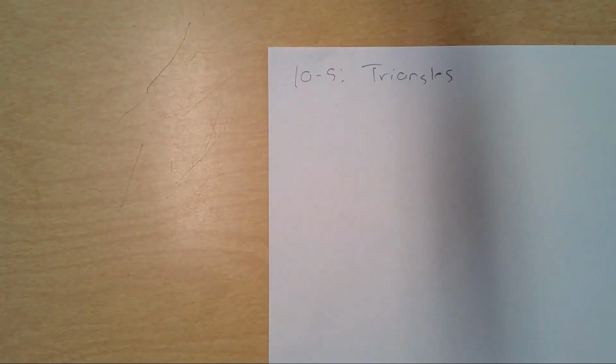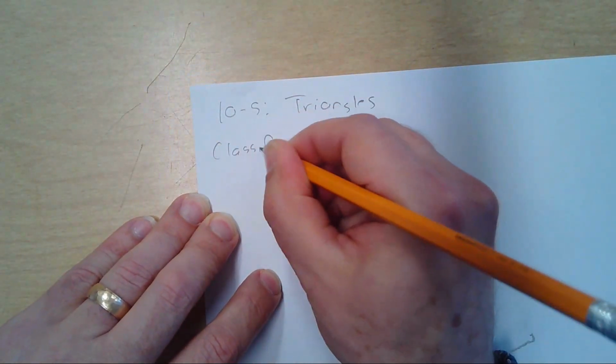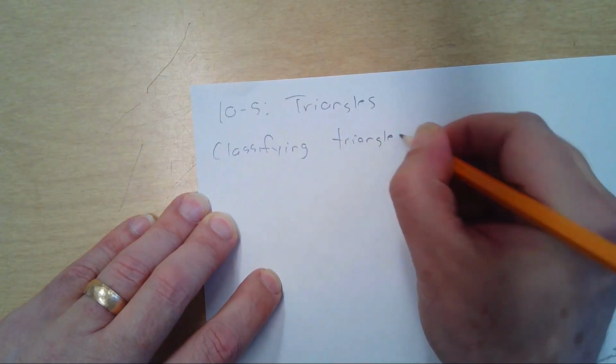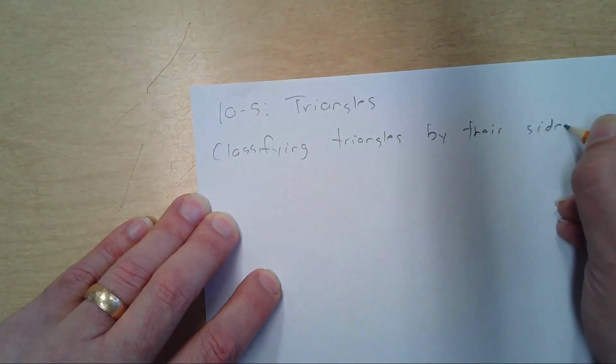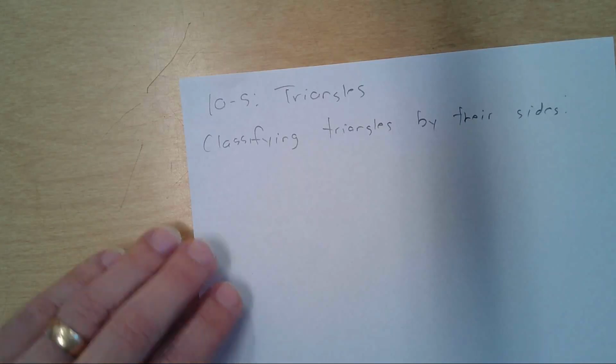So we'll just go in order here, kind of focus on 1 through 8, starting with classifying triangles by their sides. There are 3 different types of triangles going on here.